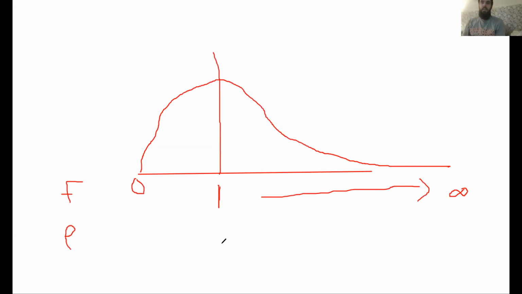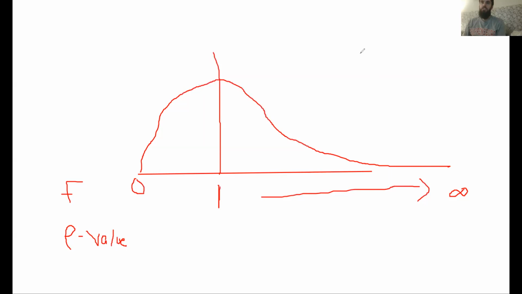For every F value, there is a p value that tells us the probability that the null is true if we observe that F ratio. So for an F of 1, there's an associated p-value that tells us the probability that the null hypothesis, that there's no difference between the group means, is true.